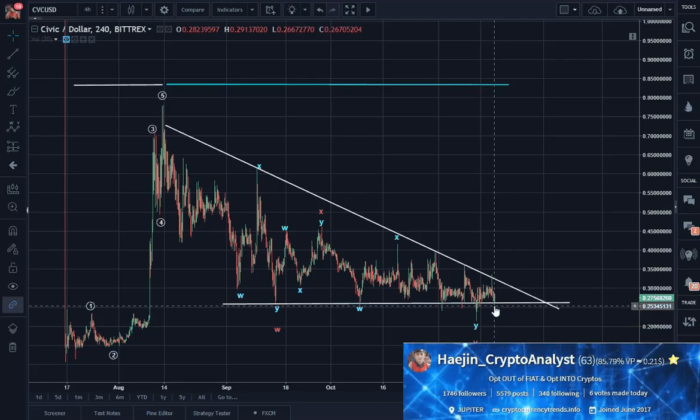And it may be that one more low is possible. One more low could be possible, but not required.